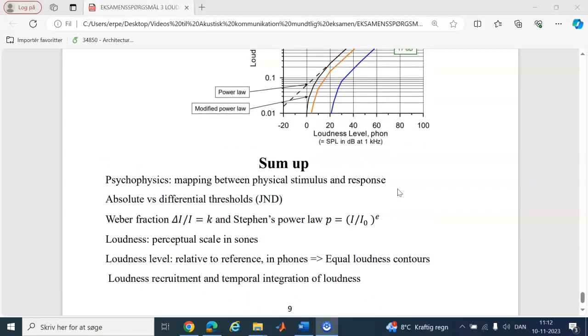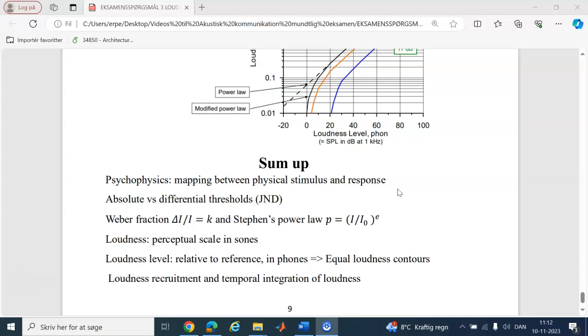Summing up: psychophysics is the mapping between physical stimulus and perception response. Absolute versus differential thresholds, the just noticeable difference.